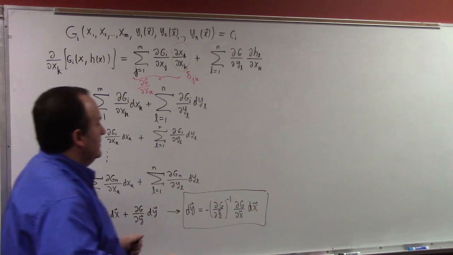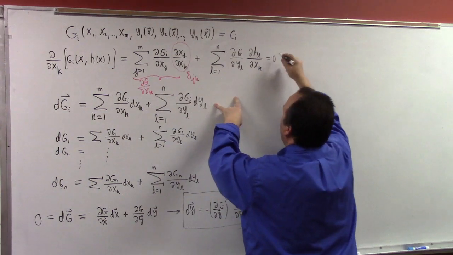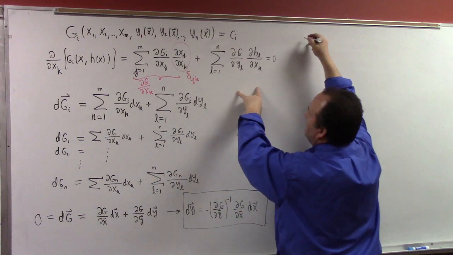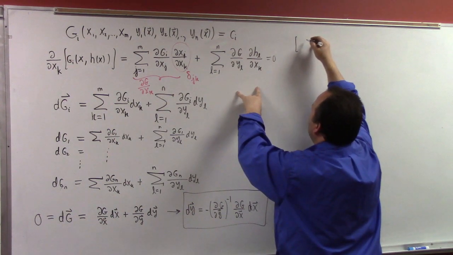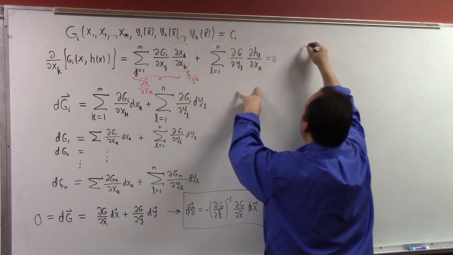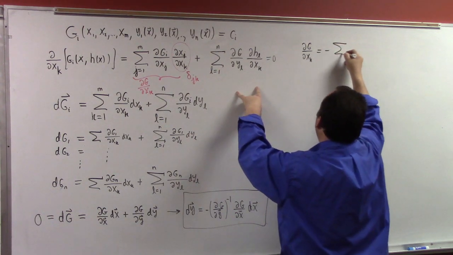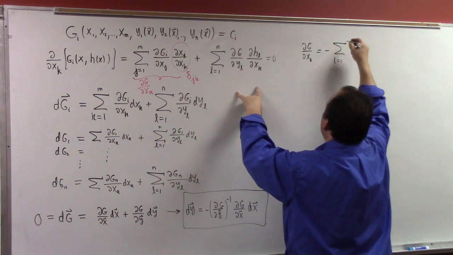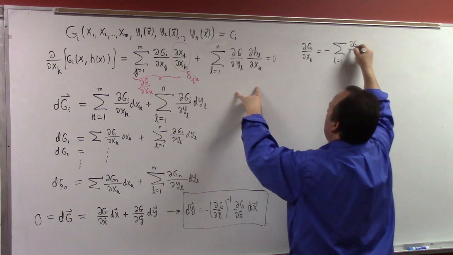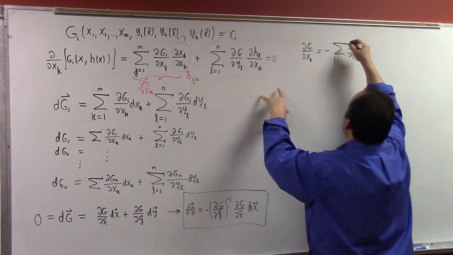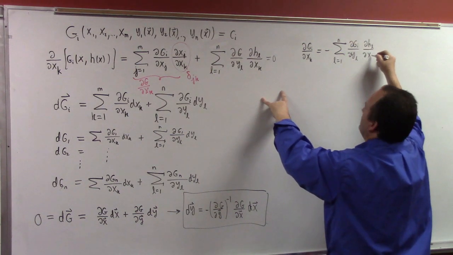All right, so this, of course, is equal to 0, right? So I just make a matrix. I've got partial G partial xk is equal to minus the sum, L equals 1 to n, this was for Gi, of partial Gi partial YL times partial HL partial XK.